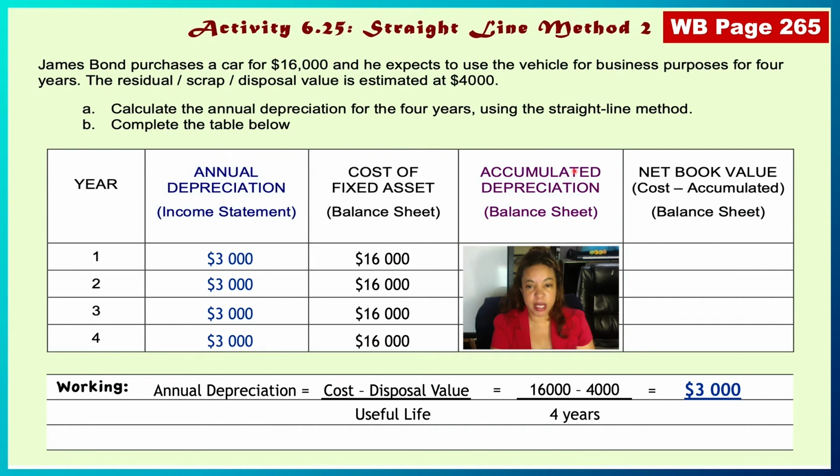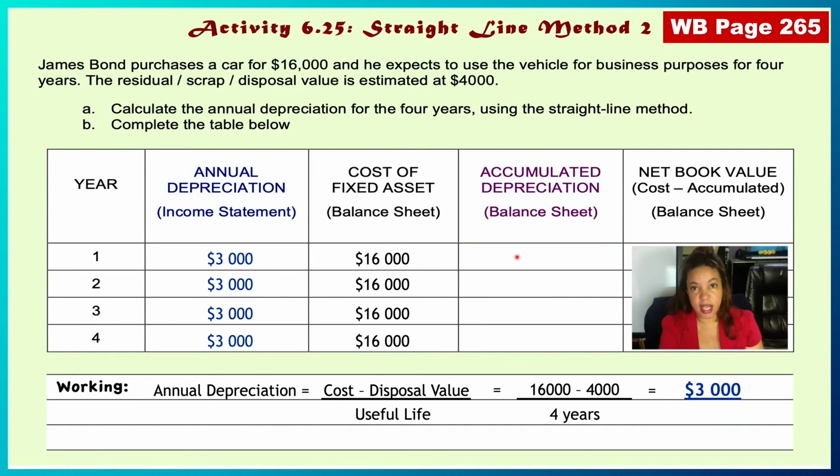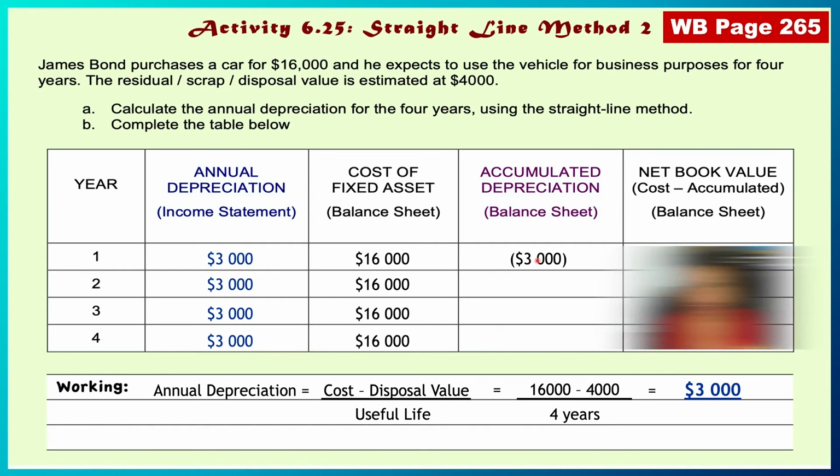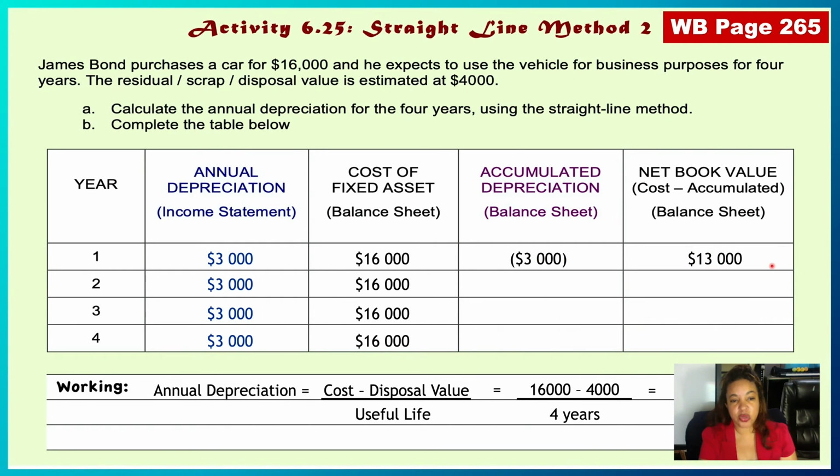Accumulated will be how much is your total at the end of that year. So year one, you accumulated 3,000, so it's 3,000, and net book value, cost minus accumulated, is 13,000. Two years, you accumulated for 2 years, 3,000 by 2, 6,000.